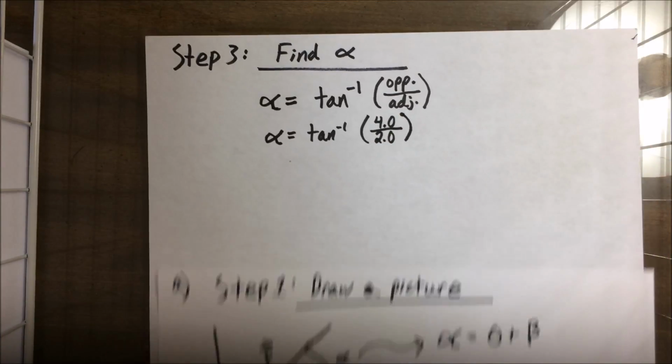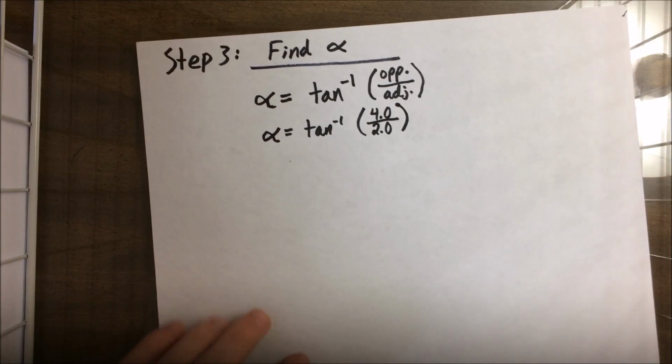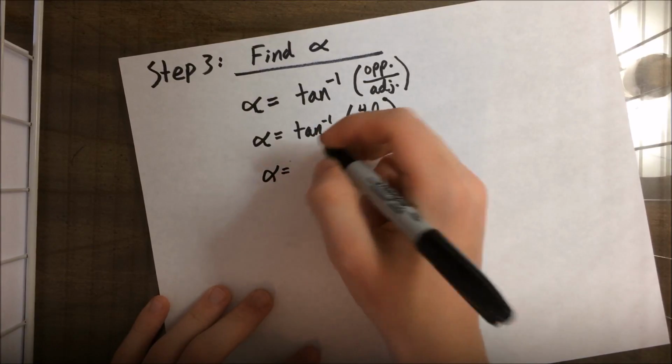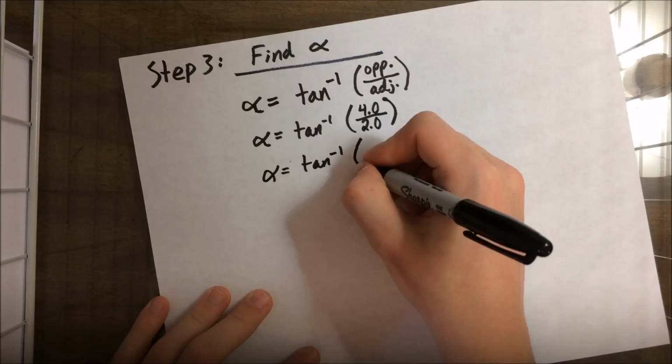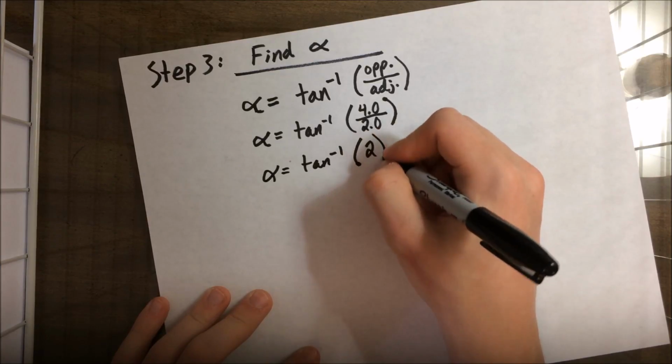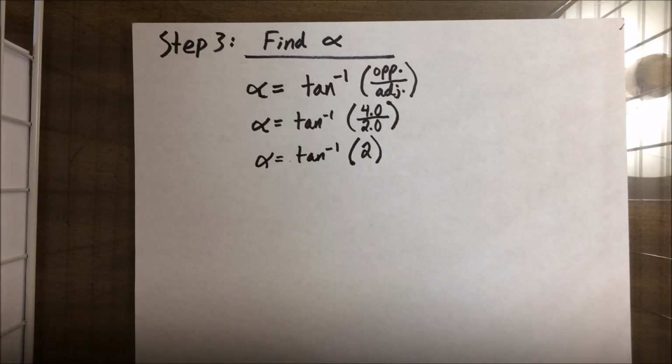And we're going to get that theta is equal to tangent -1 of 2. Okay, so then let's go on to step 4.